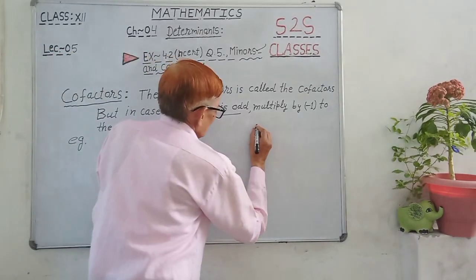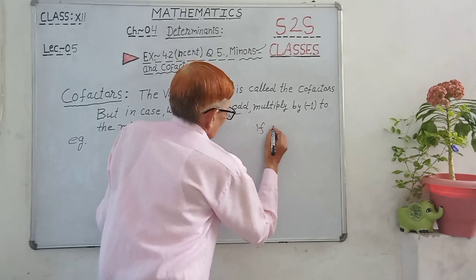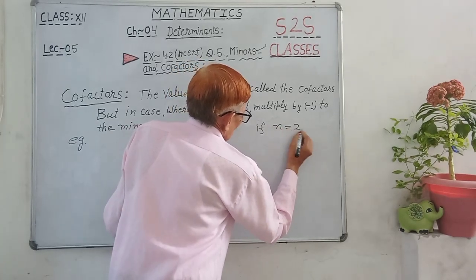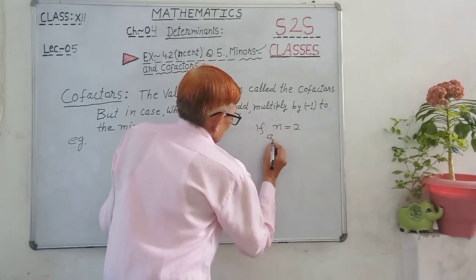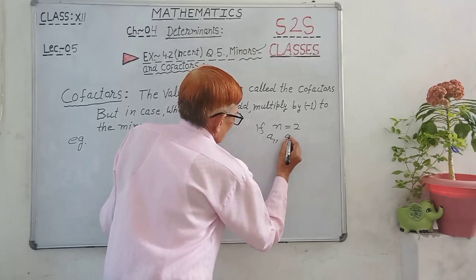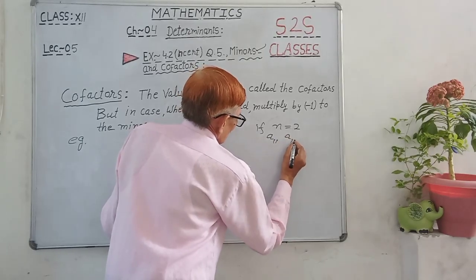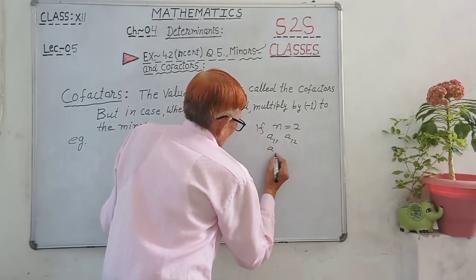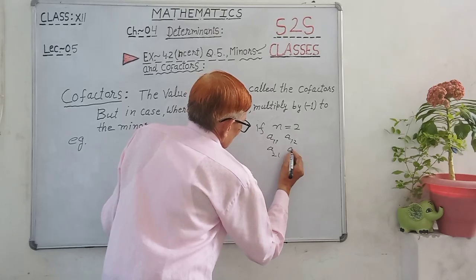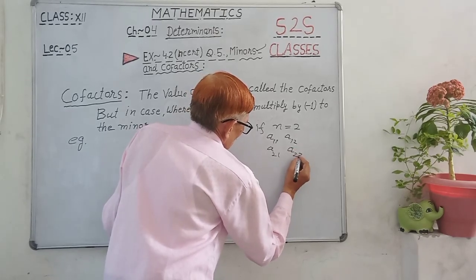So, for example, a 2 by 2 determinant, n equal to 2, with elements a11, a12, a21, a22.